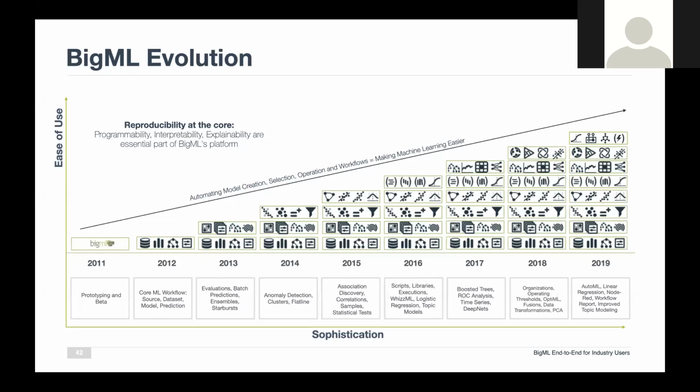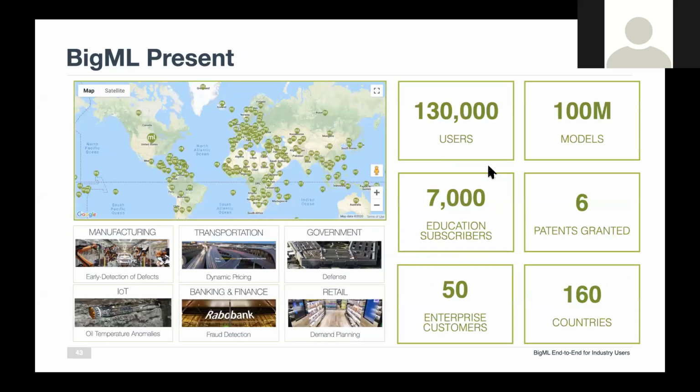Currently, we have 130,000 users with over 100 million models and 7,000 education subscribers. BigML is free to use. You can create an account and use it for free, up to 16 megabytes.